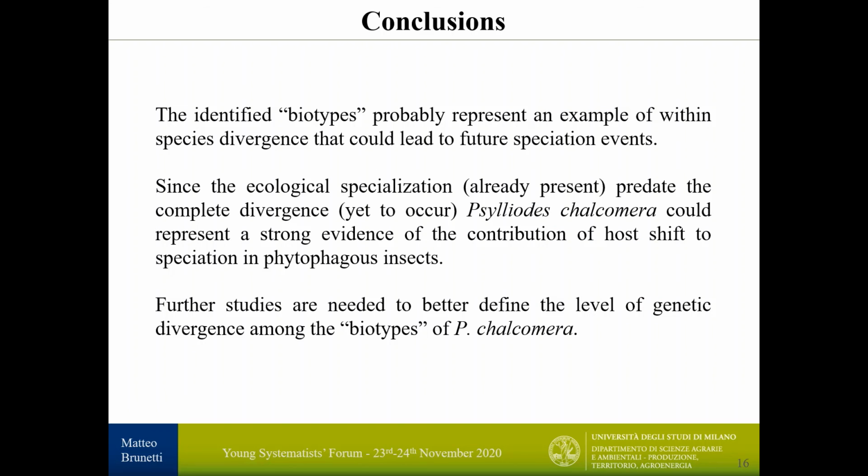So, the identified biotypes probably are an example of within-species divergence that could eventually lead to a future speciation event. The ecological specialization, in this case the specialization towards a host plant, is already present, so predating the hypothetical complete divergence that would lead to a speciation event.